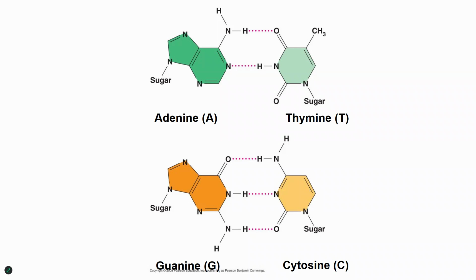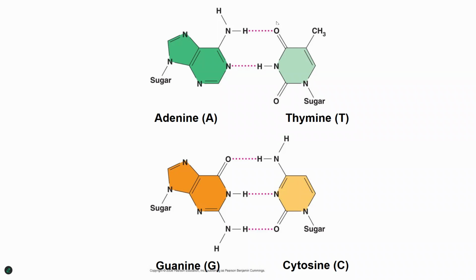But when you look at adenine and thymine and how they connect, they're forming hydrogen bonds between them. And a hydrogen bond, if you think back to the beginning of the year when we talked about water and the polarity and polar nature of it, we talked about how oxygen is more electronegative than hydrogen. Nitrogen is also more electronegative than hydrogen.